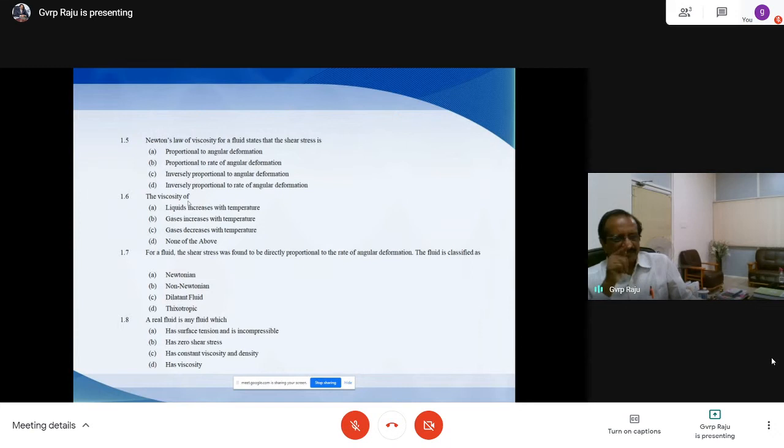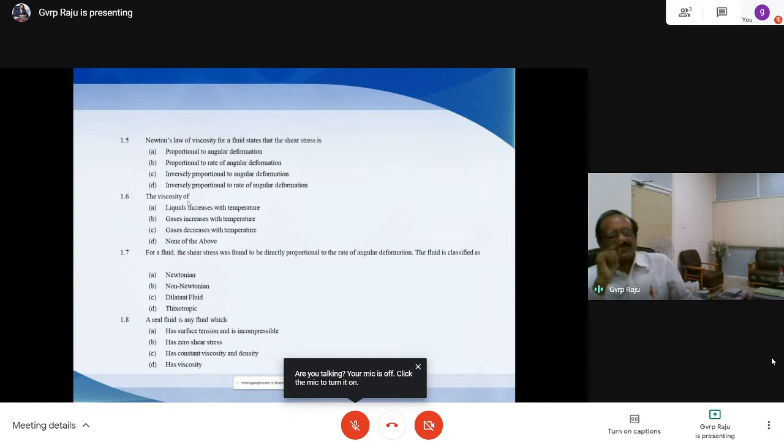So the behavior of viscosity differs between gases and liquids when the temperature increases or decreases. If you take the viscosity of liquid or of gases, you should remember the correct answer. For gases, it is directly proportional: viscosity is directly proportional to temperature for gases.